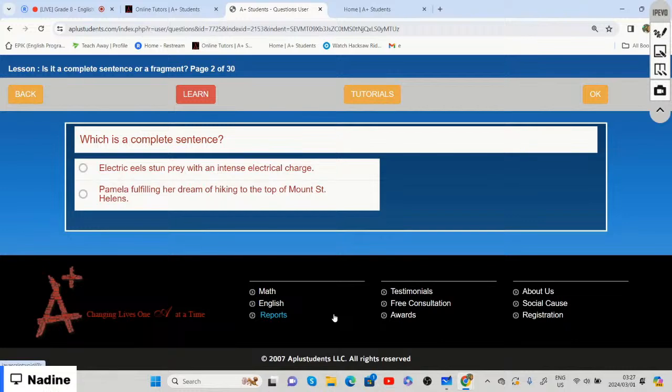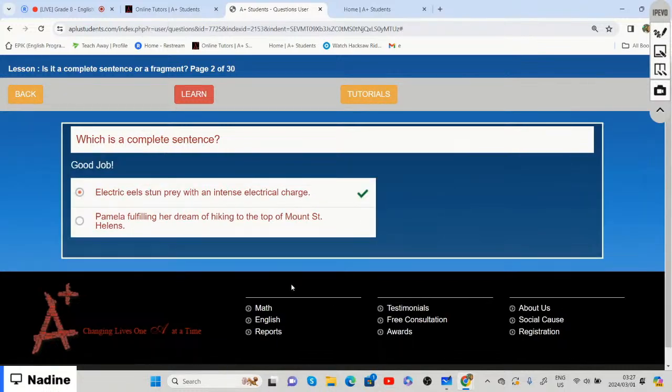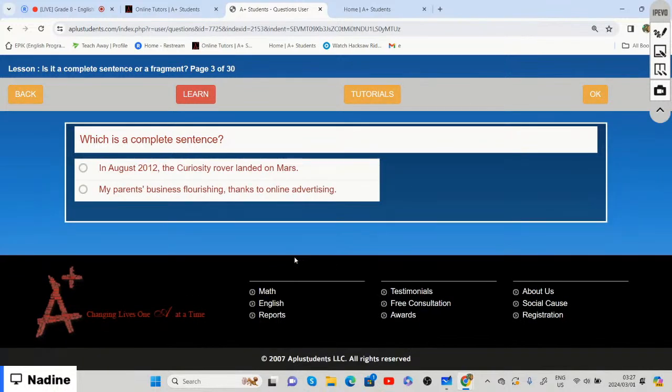All right. We need to select a complete sentence. So the first one is correct. It expresses a complete thought.